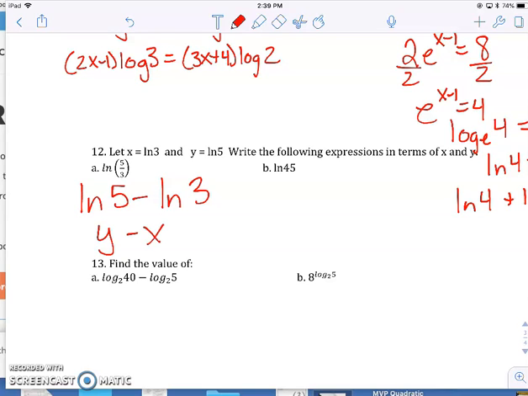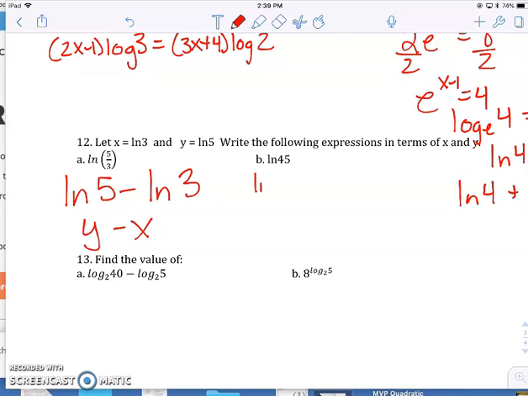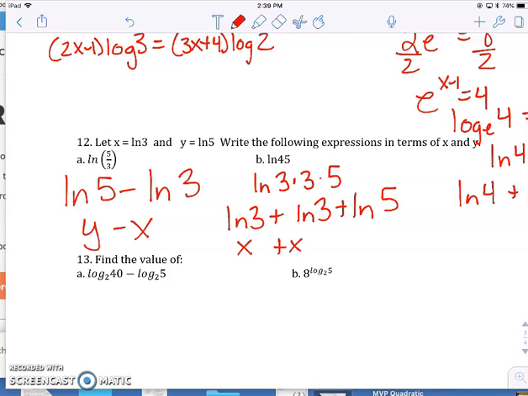And the natural log of 45. Well, let's see, 45. Well, that's the natural log of 3 times 3 times 5, because 9 times 5 is 45. So we know multiply goes to adding. So natural log of 3 plus the natural log of 3 plus the natural log of 5. So natural log of 3 is x, so x plus x plus y. So that equals 2x plus y.